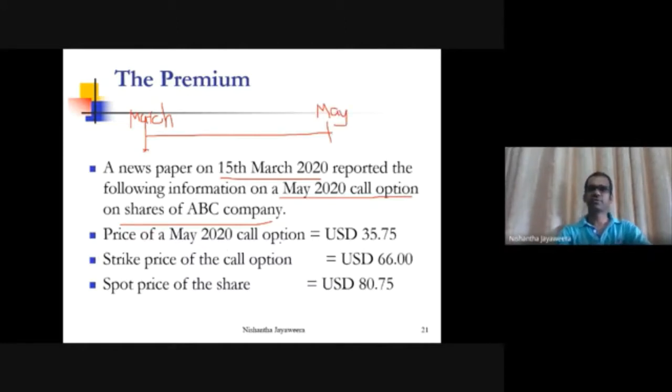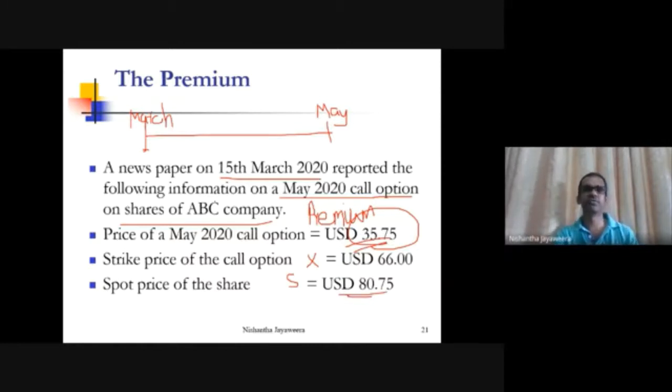Price of the call option is 35.75. What does it mean? Premium is 35.75. Strike price X is 66. Spot price 80.75. As of 15th March, spot price is 80.75.